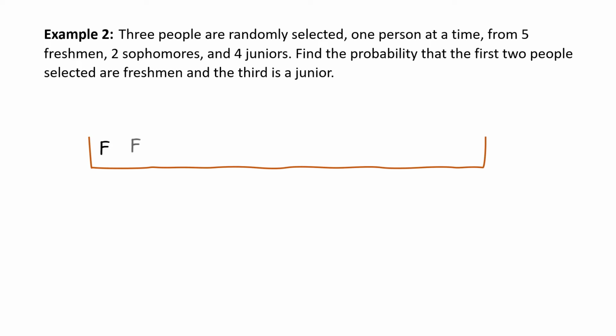There are 5 freshmen, so I'll put in 5 tickets, each with F on them. There are 2 sophomores, so I will put in 2 tickets, each with S on them, and there are 4 juniors, so similarly I will put in 4 tickets, each with J on them.